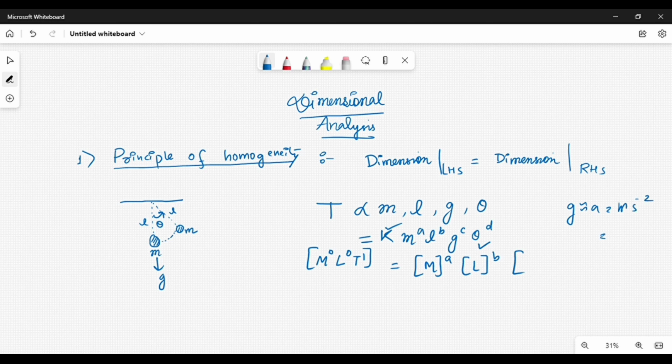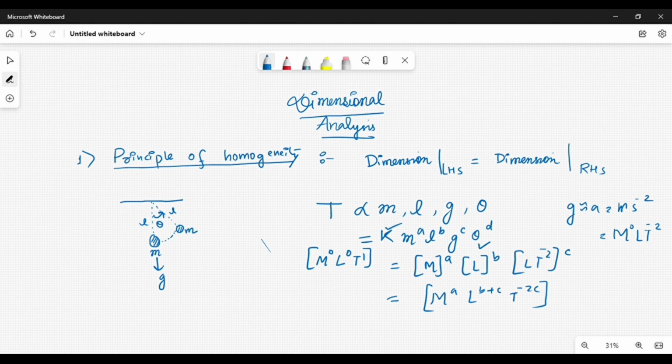That means it is M0 L T to the power minus 2, and M0 there is no need of writing because it is 1. So L T to the power minus 2, to the power c. Now solve it out. It is M to the power a, L to the power b plus c, T to the power minus 2c.